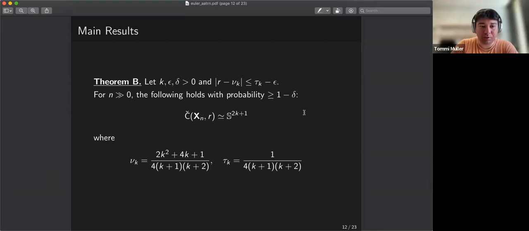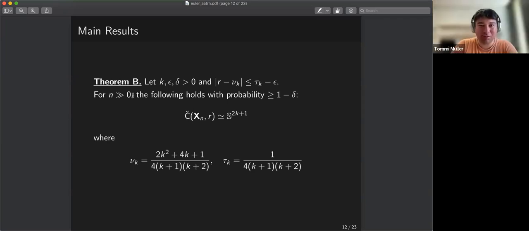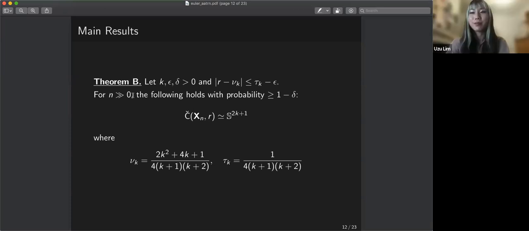Okay, so n depends on delta. Oh, right, I see what you mean. So it's for n sufficiently large, and that depends on epsilon and delta. Okay, thank you. That's good to clarify.